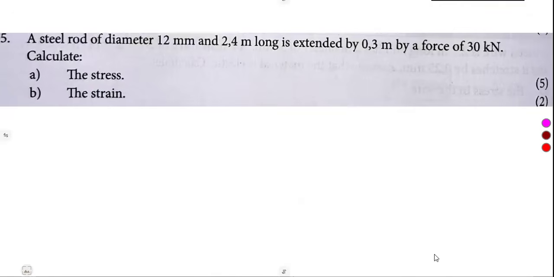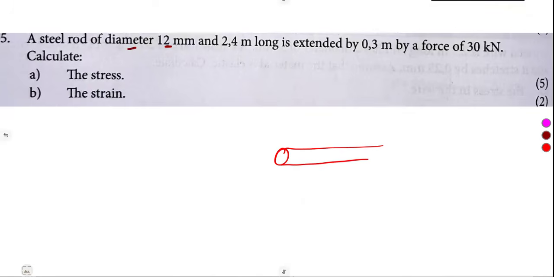That is question number 5. A steel rod has a diameter of 12 millimeters and is 2.4 meters long, the length of the rod. So this is like we've got a cylinder, something like this. So let me just have a sketch.